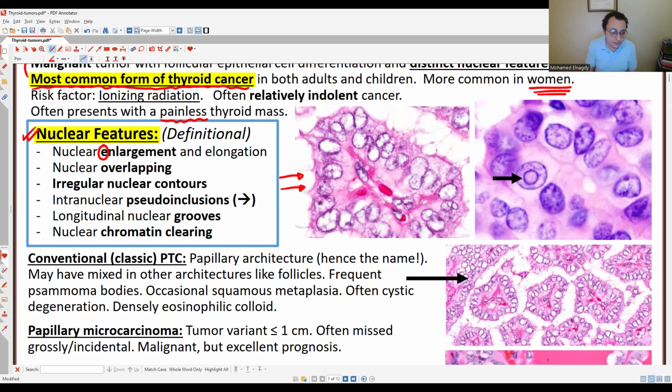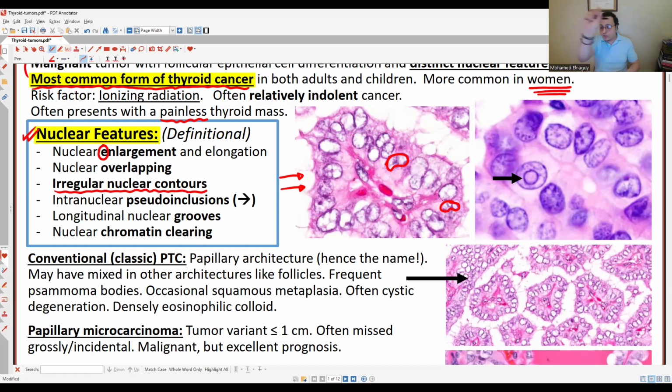That's enlarged. And A stands for asymmetry. Asymmetry means that you have irregular nuclear contours. The nuclei are asymmetric. They are not very circular. They are very irregular. For example, see this nucleus and this nucleus.